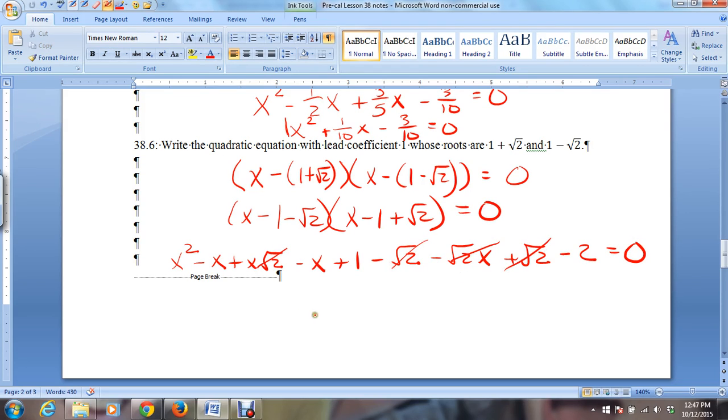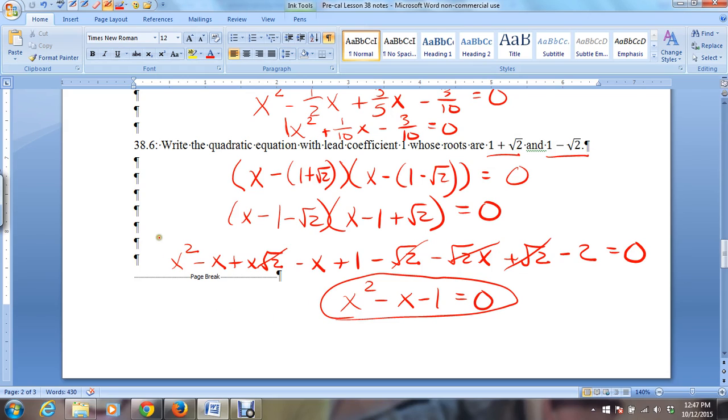And I just end up with x squared minus x minus 1 equals 0. So this is the quadratic equation whose roots are 1 plus the square root of 2 and 1 minus the square root of 2. If you wanted to check it, you could plug this into the quadratic formula.